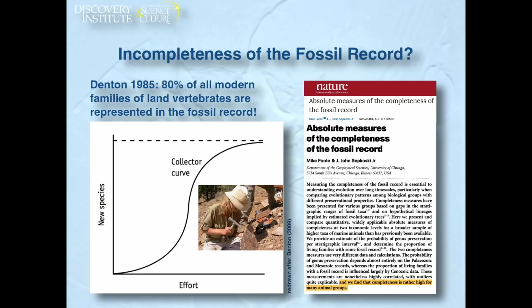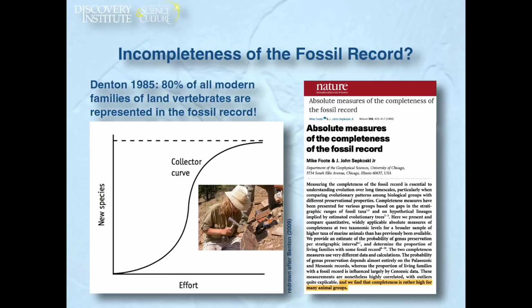You can measure this effort however you want. You can measure it in terms of man-hours you have to invest in digging fossils, or in grant money, or energy, whatever you prefer. And on the y-axis, you plot the number of newly discovered fossil taxa, new fossil groups.